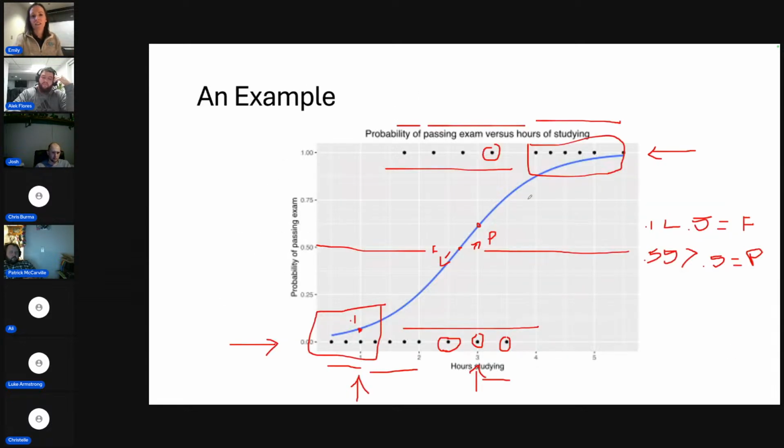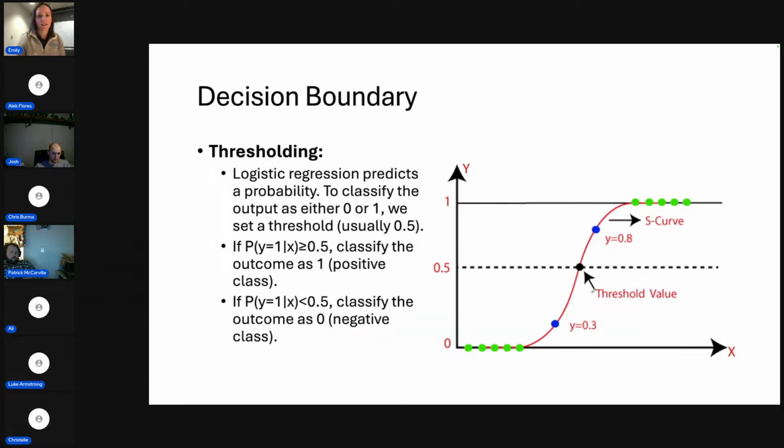We can change that. So if we found that that did not make sense for this problem and that we had higher performance by putting the threshold at a different location, then we can do that. And this is what a threshold is. We can change something called the decision boundary here.